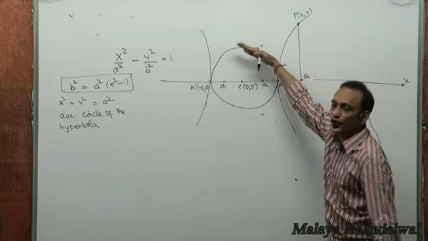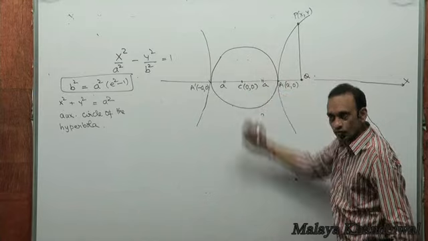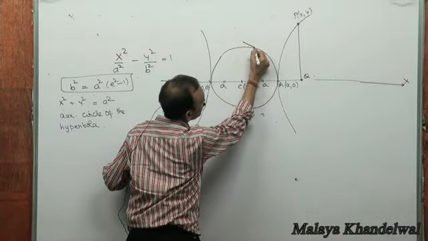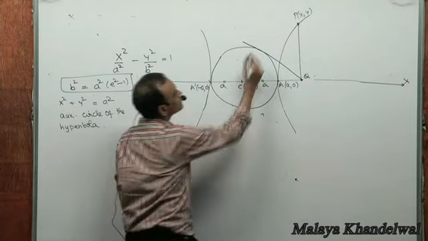From Q, I can draw a tangent to the circle. Yes or no? From the foot of the perpendicular, I'll draw a tangent to the circle, QT.